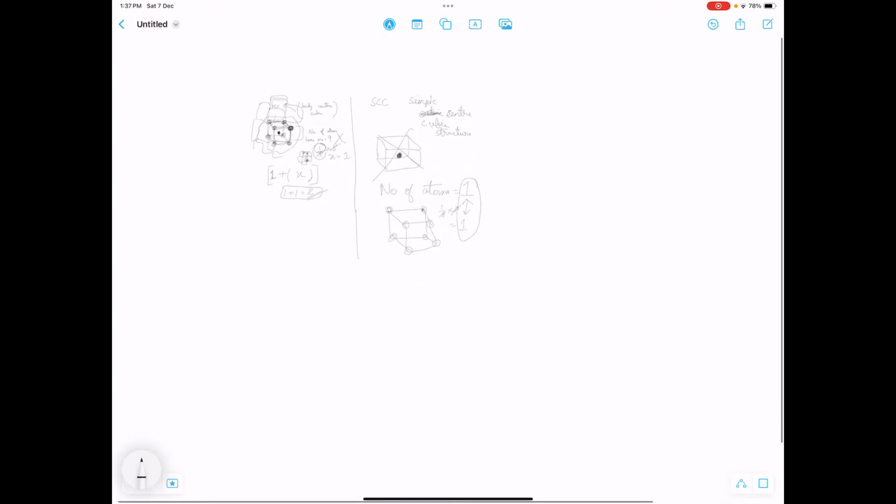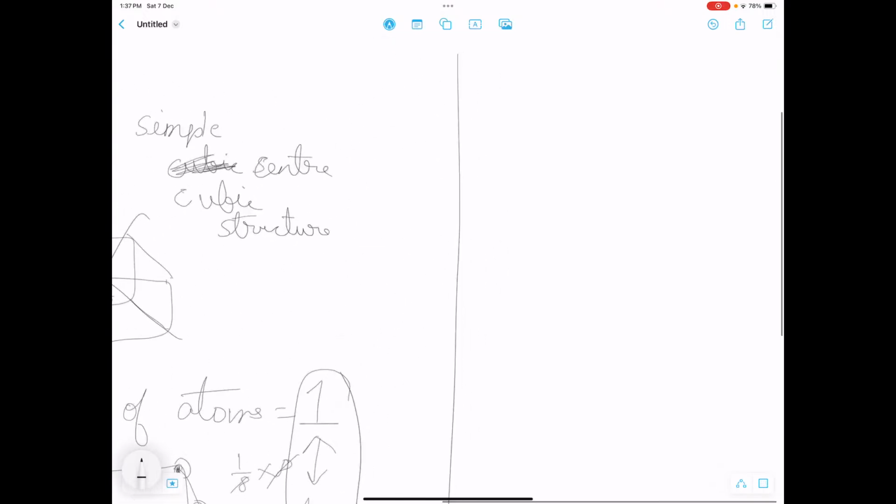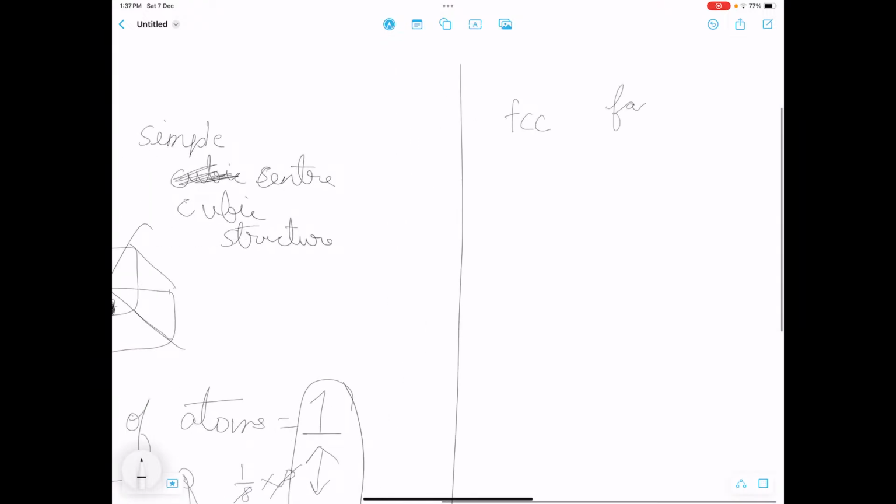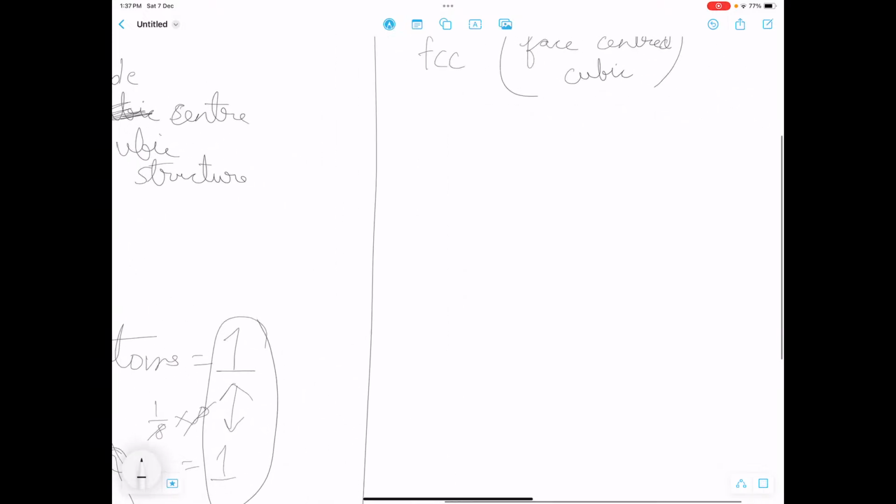Now there's a third type of structure called FCC, face centered cubic. This one looks like this. Nice cube, the same.